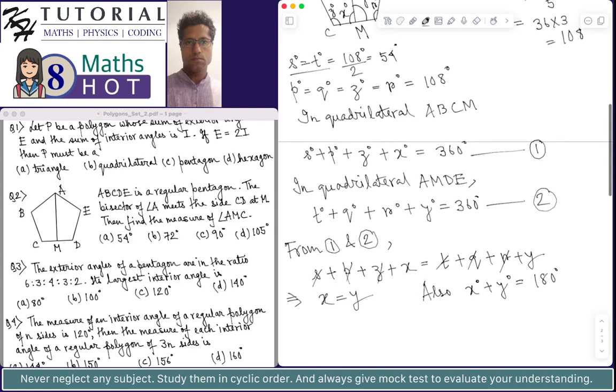I hope you are familiar with this result. So x degree plus y degree will be equal to 180 degree.